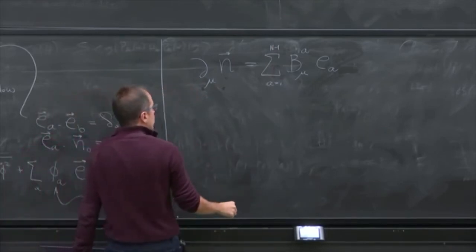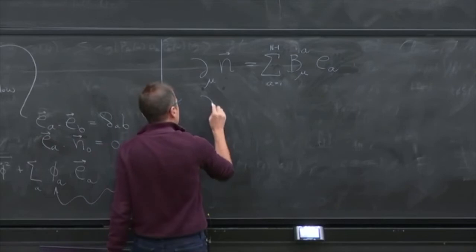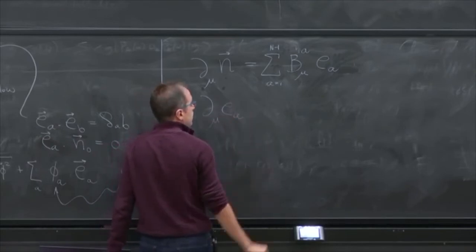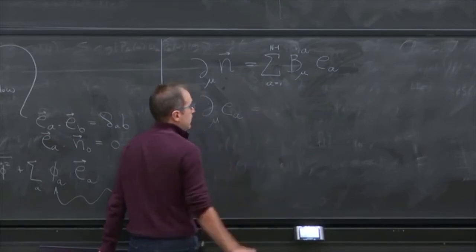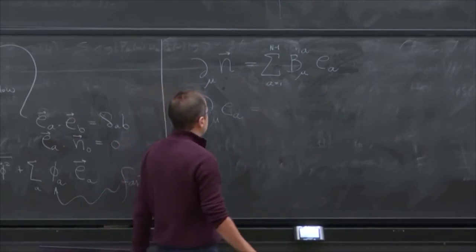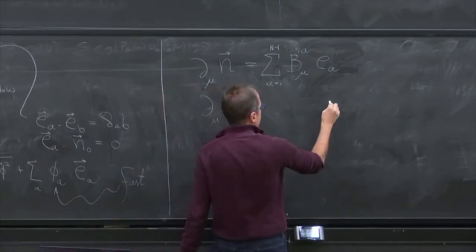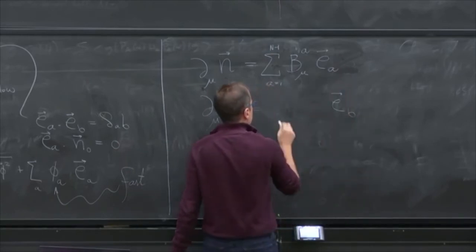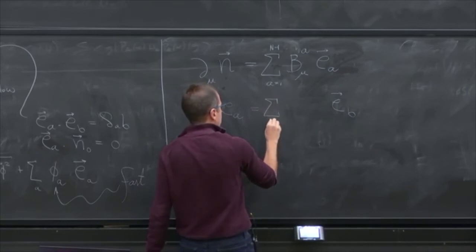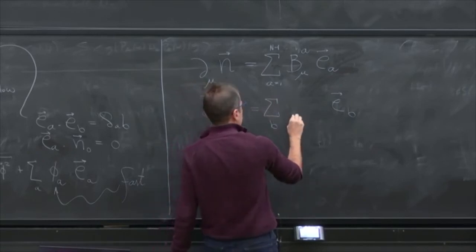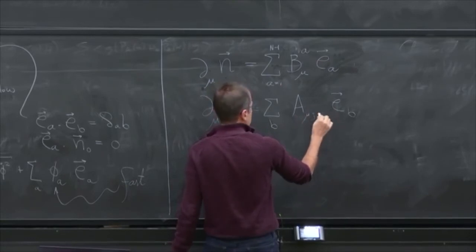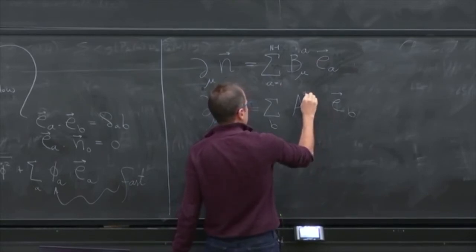Okay, so now we learned how to take derivatives of n. How do we take derivatives of EA? Well, derivatives of EA could have both terms. It can have some terms with EB, so there would be a sum over B with some A mu within this AB.